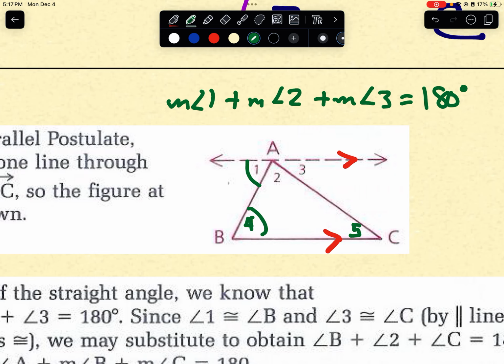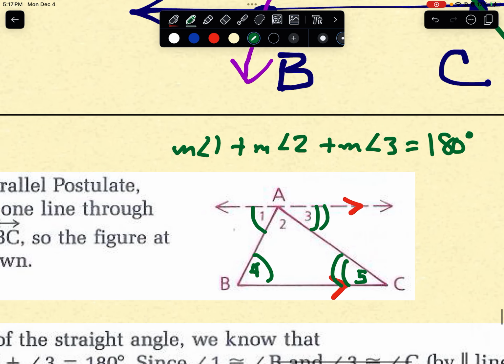By the same argument, angle 3 and angle 5 are also congruent. So we can replace the measure of angle 1 with the measure of angle 4, and the measure of angle 3 with the measure of angle 5. And now I can say, by substitution, those three angles must add up to 180 degrees too.